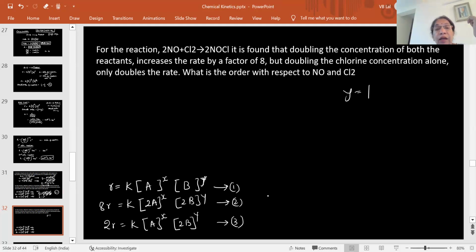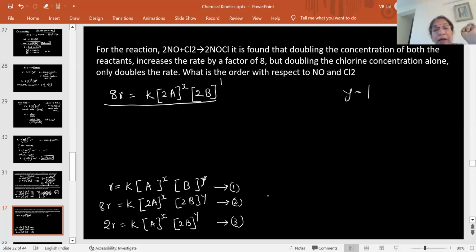Okay, so when I divide 2 by 1, what will I get? 8R is equal to K, 2A raised to X and 2B. I can just write 2B because now I know it is raised to 1.